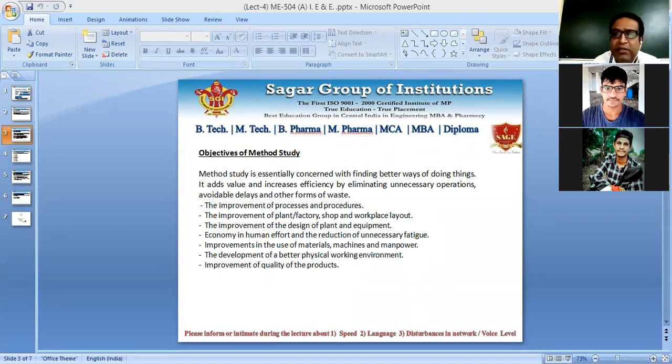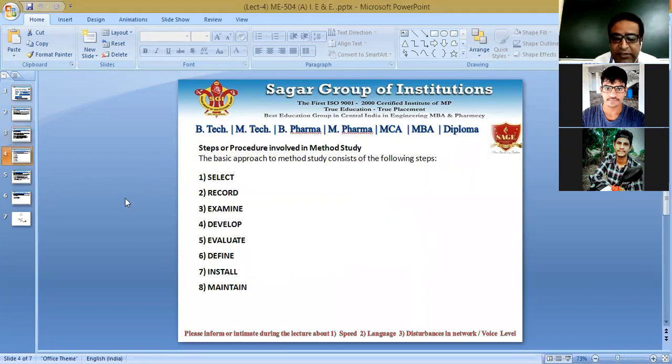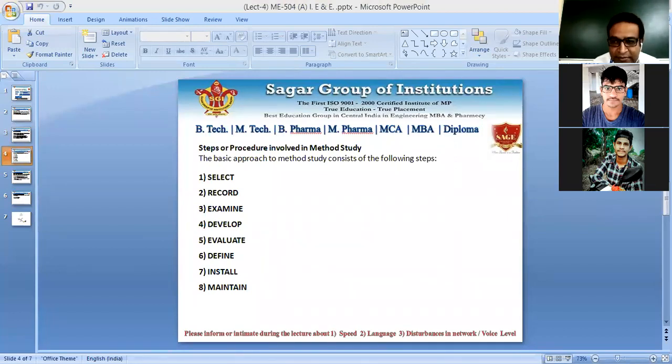Then let us go to the steps involved in the way method study is delivered. First point is select. We need to select a particular job on which we have to do the method study. Second is record. We need to record all the relevant facts about the current method, the present method on which production goes on.